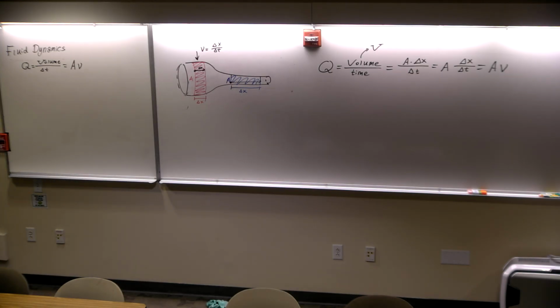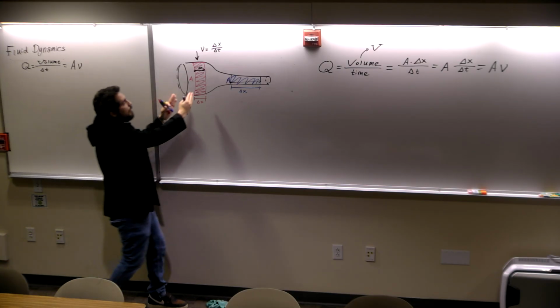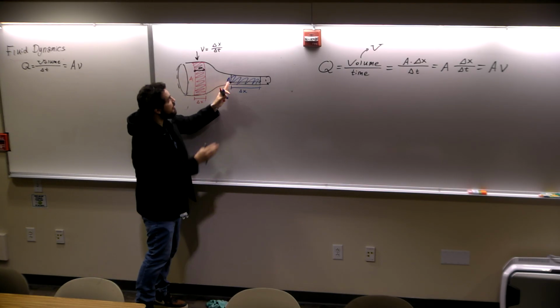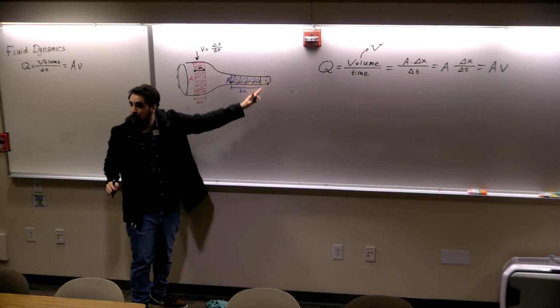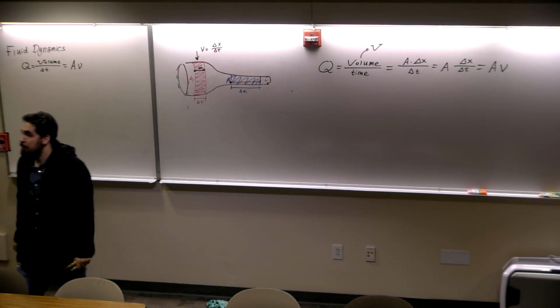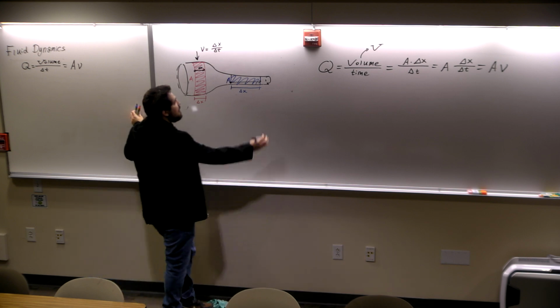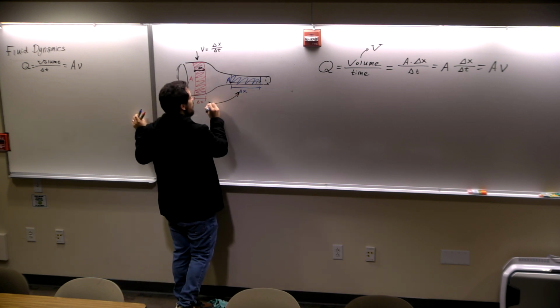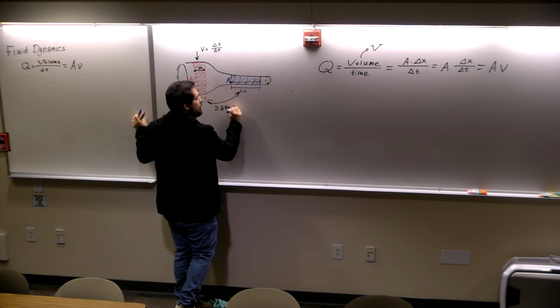But we go back to the idea that this fluid must be incompressible. What does that mean? As this fluid moves forward, it pushes the fluid ahead of it forward as well. We can't have any fluid bunching up. So that means it must take the same amount of time for the fluid to flow through each section.